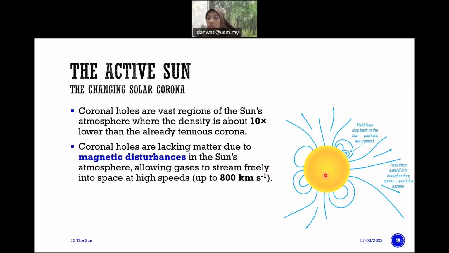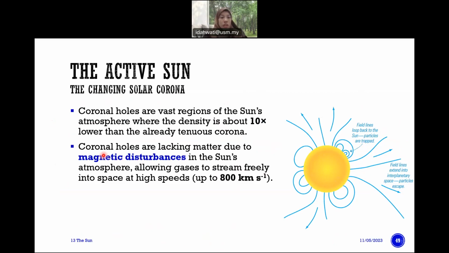So normally, if any disturbance happens, prominence, solar flare and so on, they will trap the particles here. Okay, so they are not lost into space. So that is the issue, or we have to take a look at this one, which is why scientists want to discover or want to know more about this space, how it can affect or give a bad impact to our Earth.